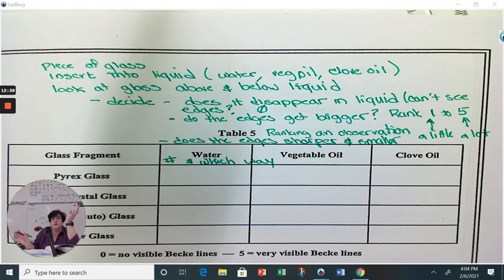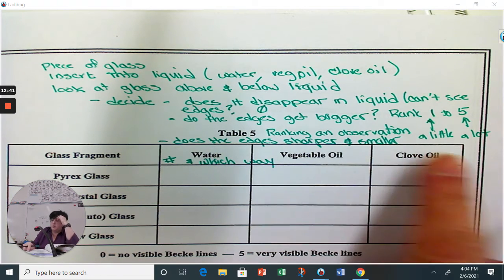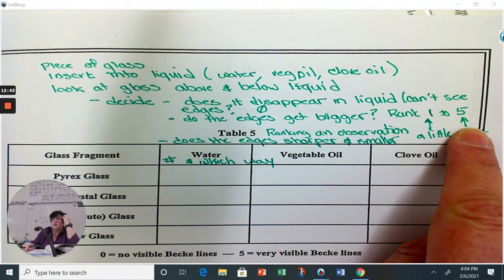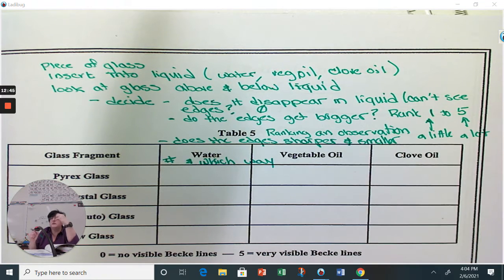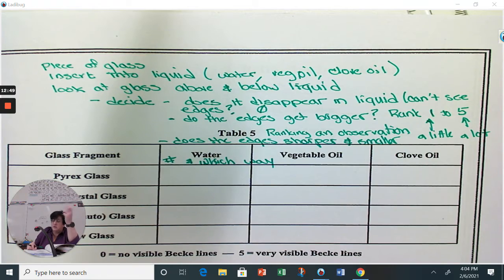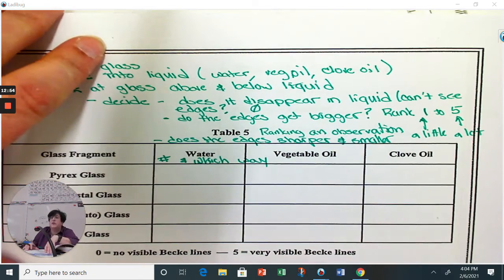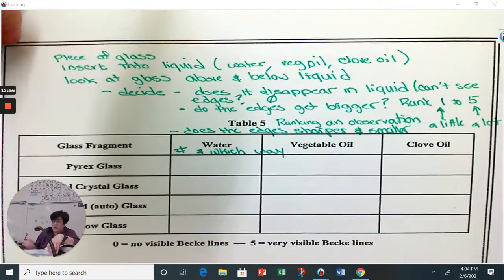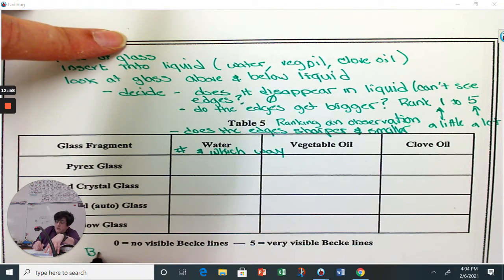Okay, way different. So what it means is that the bigger the difference, the less like the oil is the glass. The bigger the difference, the more different the glass is from the oil, by your observations.